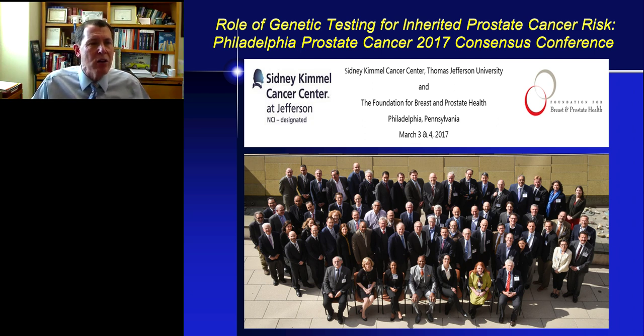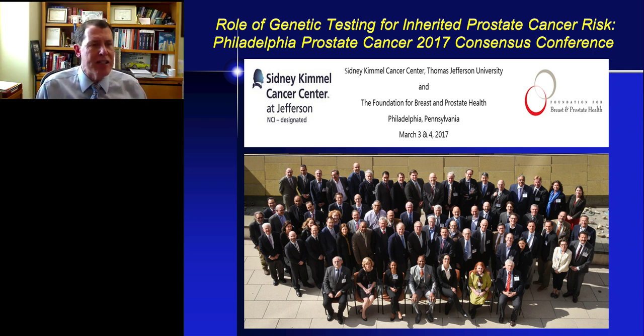And the outcome of this consensus was published just in the last month or two in the Journal of Clinical Oncology. So for those on this program today, you can go to JCO early 2018 and find the paper outlining the findings of this panel.